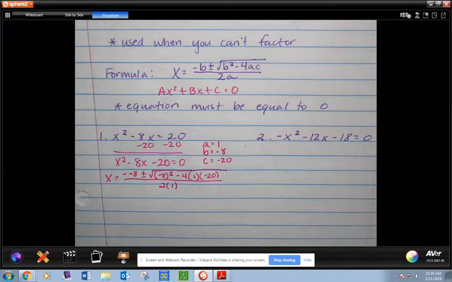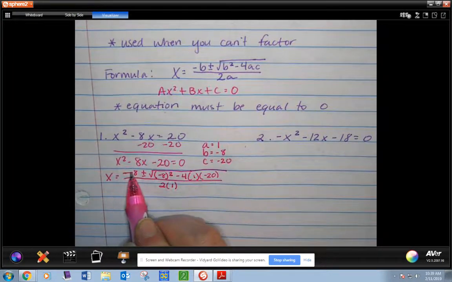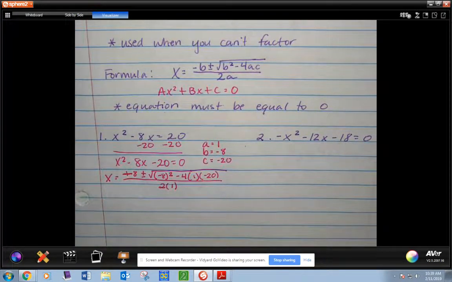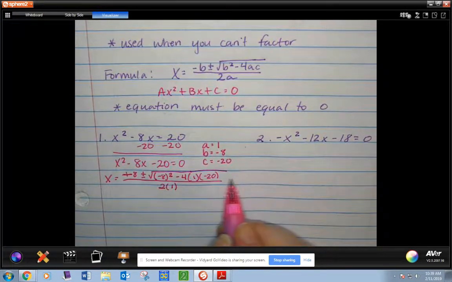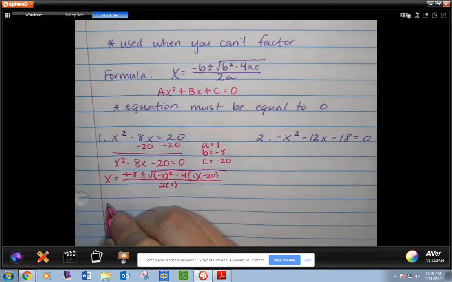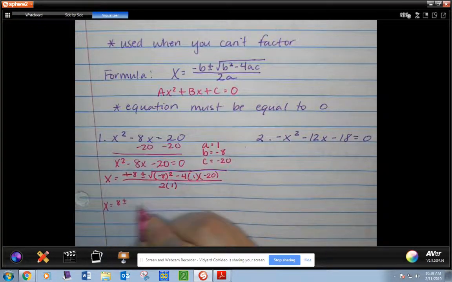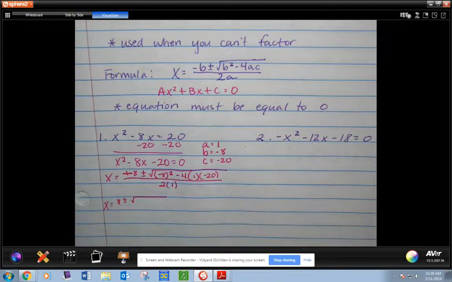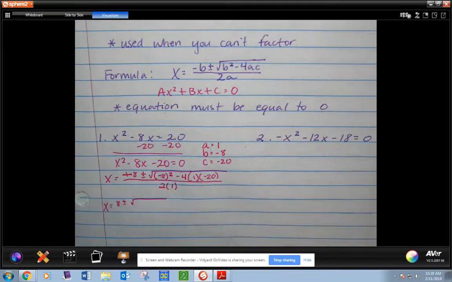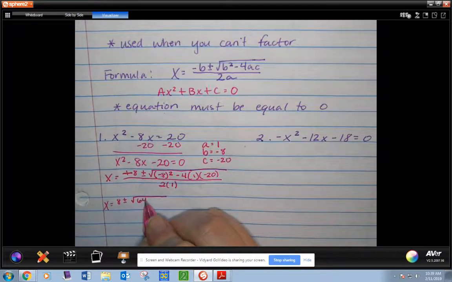Now that this is plugged in, the first thing we're going to take care of is this double negative. A double negative becomes a positive. What we are going to do is take care of the radical first, so I'm going to keep everything as it is. x equals 8 plus or minus the square root. Negative 8 squared becomes 64.